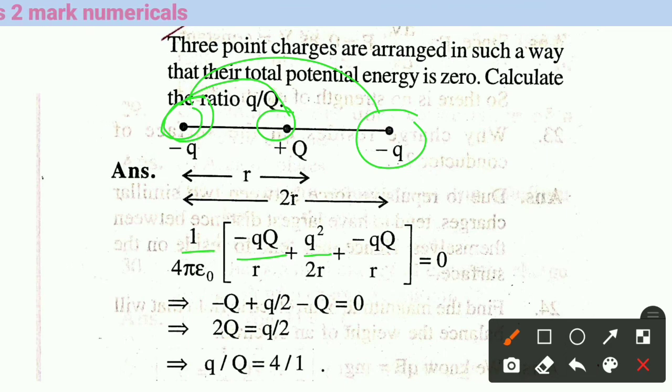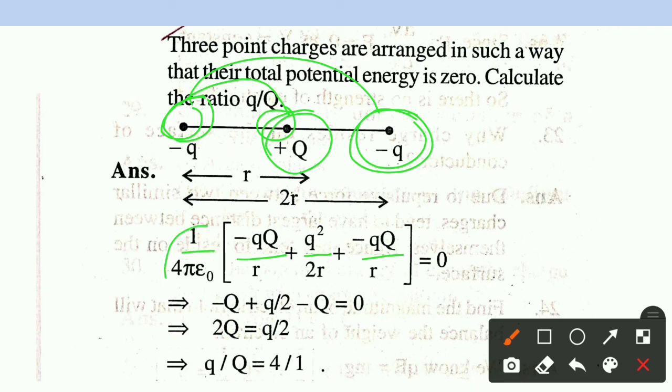Again the energy between this charge and this charge is minus Q into capital Q by R. It is equal to 0, because for the whole system the potential energy is 0.